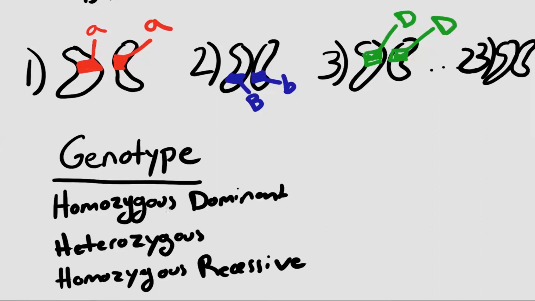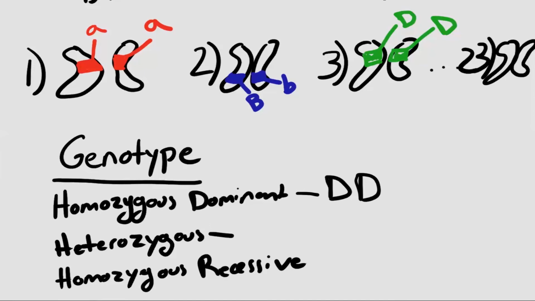So homozygous dominant, meaning same allele of the dominant allele. So here in this case, we would have this gene be homozygous dominant, and we would write it like this. Big D, big D. Two dominant alleles for this gene. All right, heterozygous, meaning different alleles of the two pairs coming together.